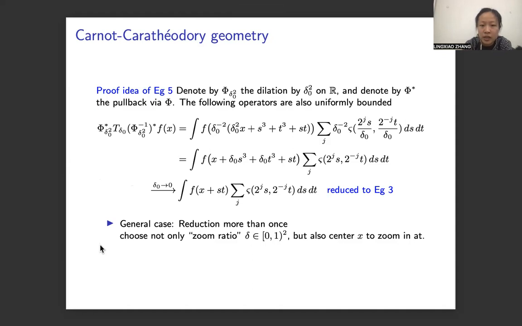And not only do we need to choose the ratio delta for this local diffeomorphism phi, but we also need to choose a center to implement such a reduction process, because the general case is non-translation invariant.